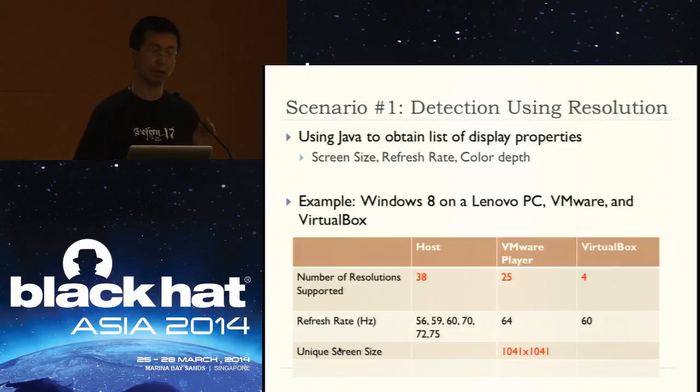We actually also checked other hypervisors, like for example Xen, and there's even other weird numbers. Sometimes you even have a refresh rate of just 1 Hertz. Okay, so the reason again you have all this is because the developers of these hypervisors need to implement this virtual display card, and they really lack the motivation and also the effort to try to test all the combinations of the display.